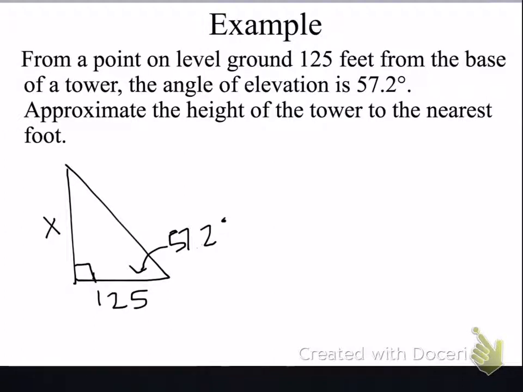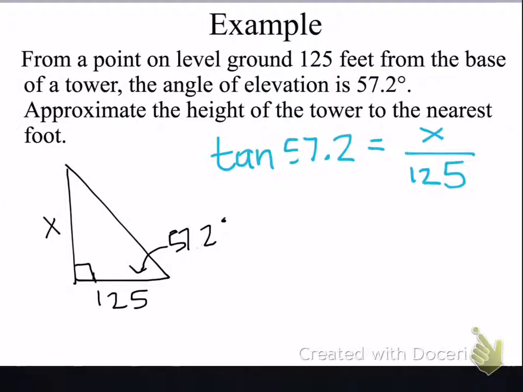So we will set it up. So it's tangent of 57.2 equals opposite over adjacent. To clear the fraction, I would multiply both sides by 125.